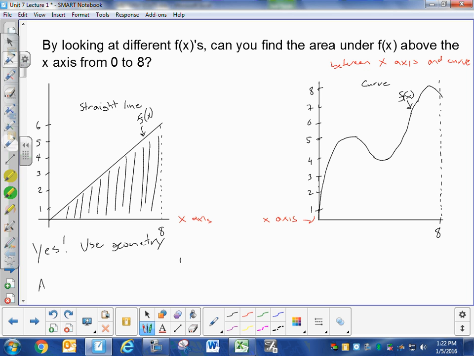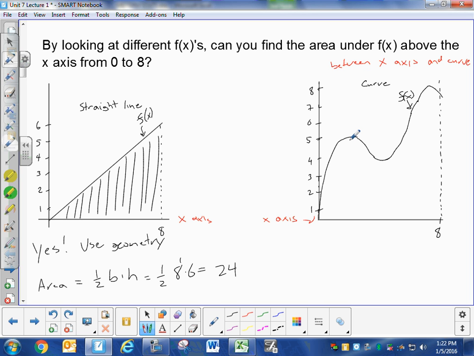And I say the area is just going to be equal to 1/2 the base times the height. The base is 8, the height is 6. And that's going to be 24. Okay, but let's look at the second one, this curve. Well, you do not know that this curve is made up of regular shapes, like circles, like semicircles, shapes that you have formulas for areas for.